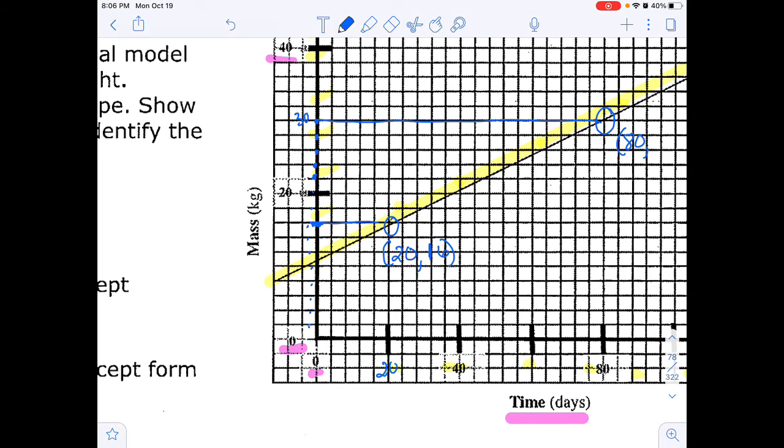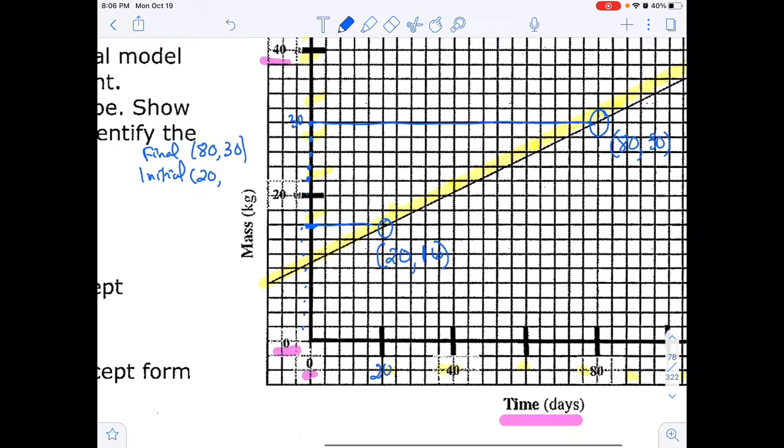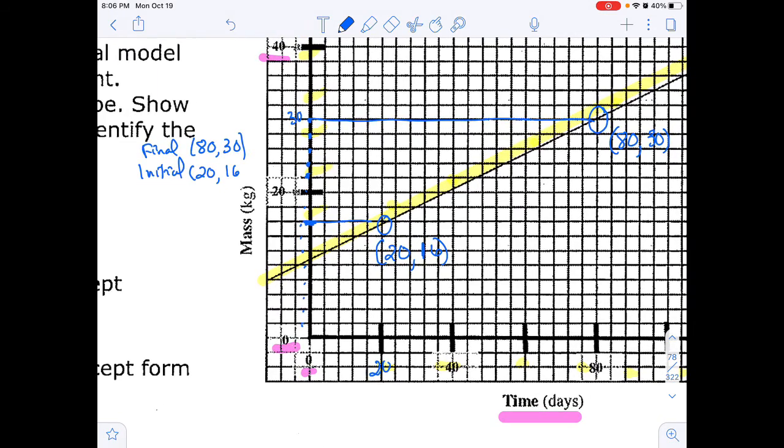So that's at 30. So 80, 30. So my final coordinates are 80 and 30, and my initial were 20 days and 16 kilograms.